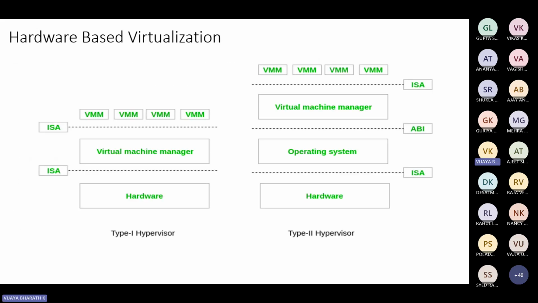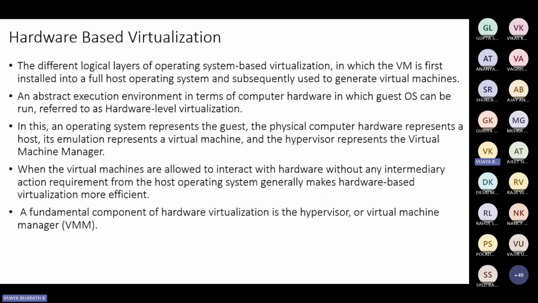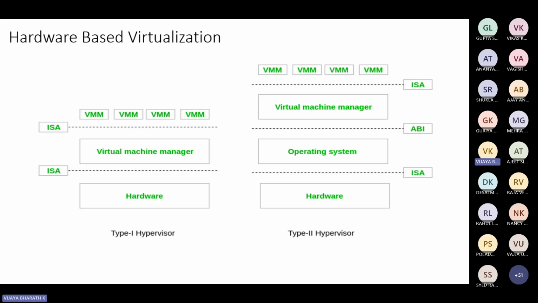Look at this diagram. We have two kinds of hypervisor. Now you understand what a hypervisor is: the component or software which is used to virtualize the hardware is called the hypervisor, or the virtual machine manager. Where it will be placed, it has two types.